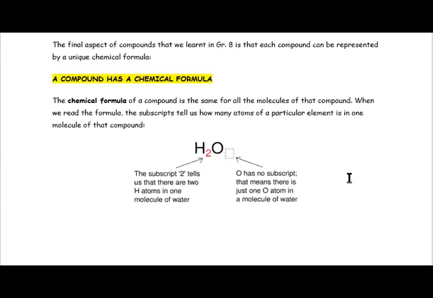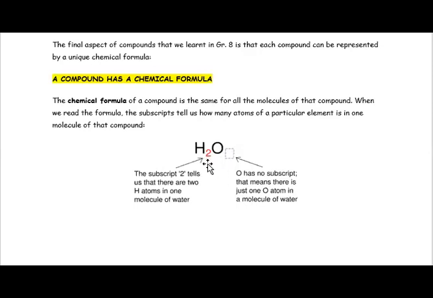So guys, just to break it down for you, we know that a molecule is the smallest part of a compound, right? So a compound is a substance like water or carbon dioxide or the oxygen that we breathe in. And if we look at H2O, H2O is a molecule of water, right?